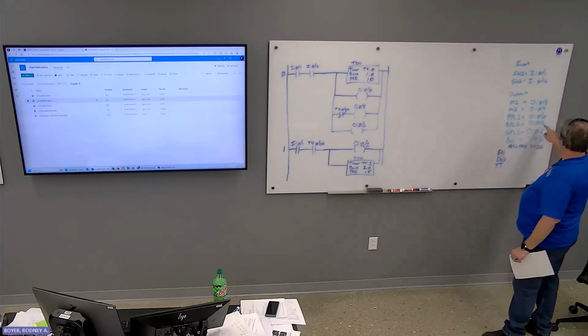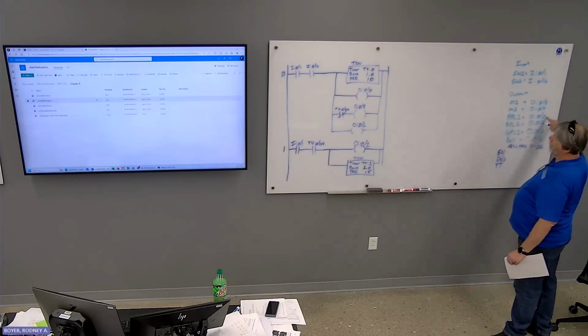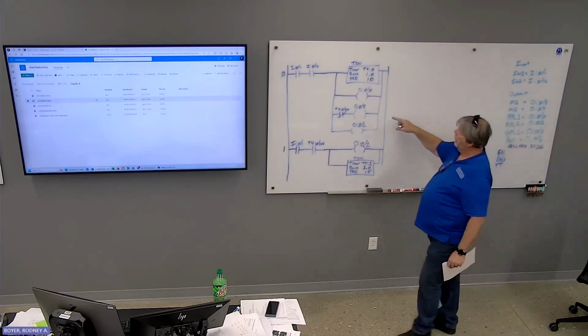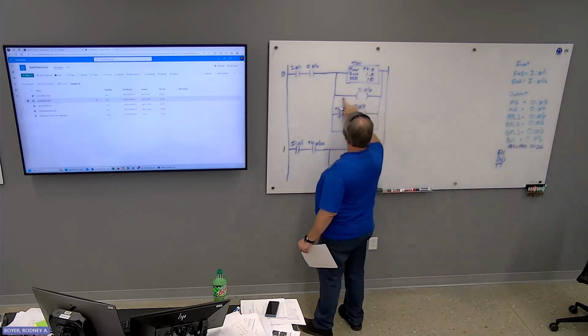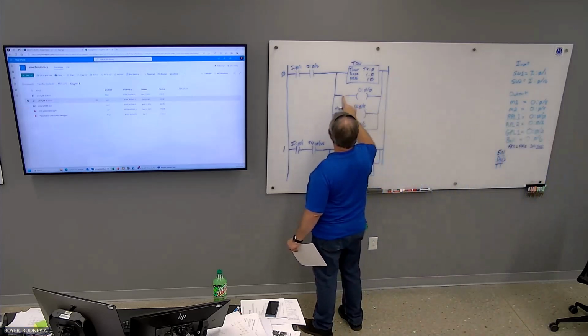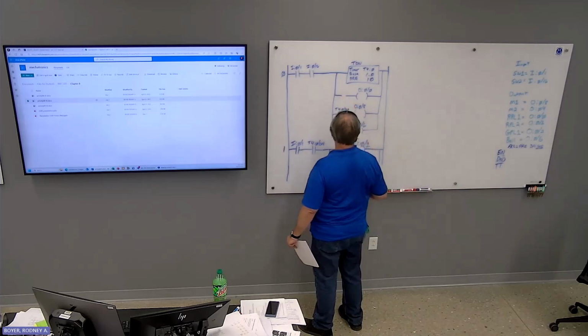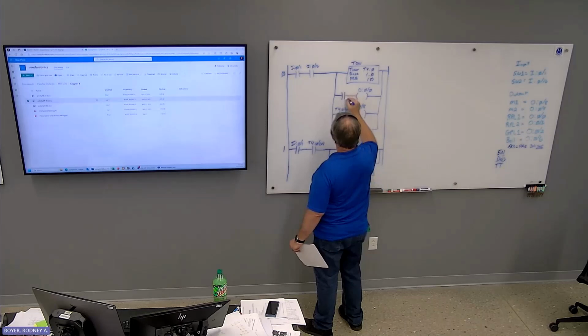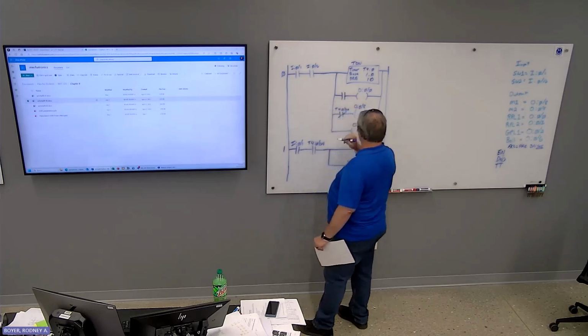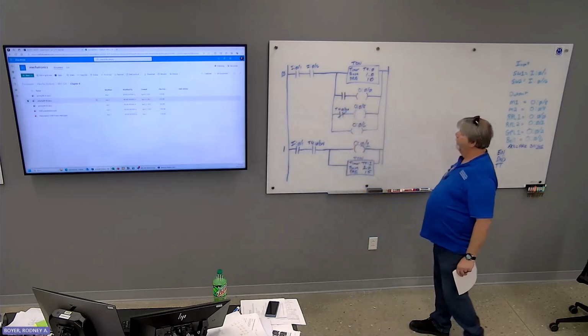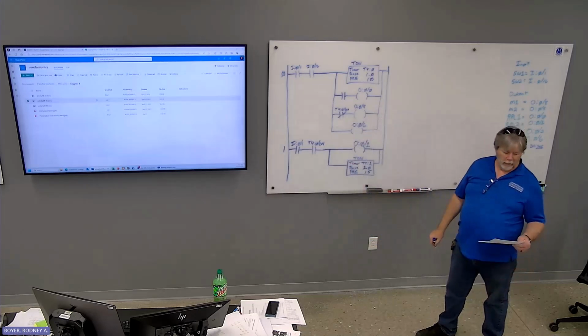Okay, so red pilot 1 is output 00. Well, there's an output 00. So I need something in there off of timer 1. Turn it off. So what address do I want to use?